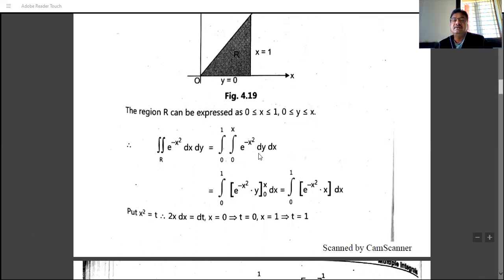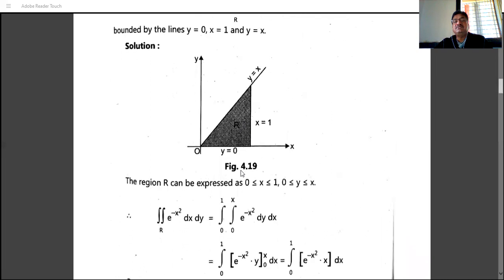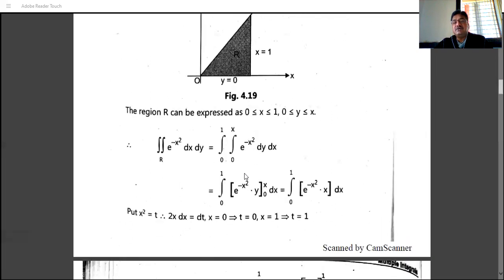So it is a requirement of the example that you integrate with respect to y first, because if you integrate with respect to x first, then the integration of e raised to minus x square becomes complicated. So we decide whether to integrate with respect to y first or x first. It depends on the example.